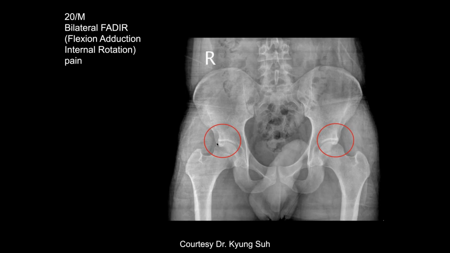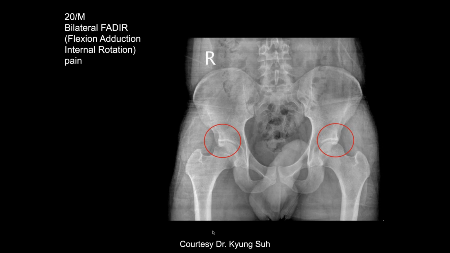Campbell's talks about anteversion, but the way I see it, you're getting a little more internal rotation. So I don't like the word anteversion, never have. You can see the rotation or not, because if you're looking at the AP view here, you barely see the lesser trochanters.